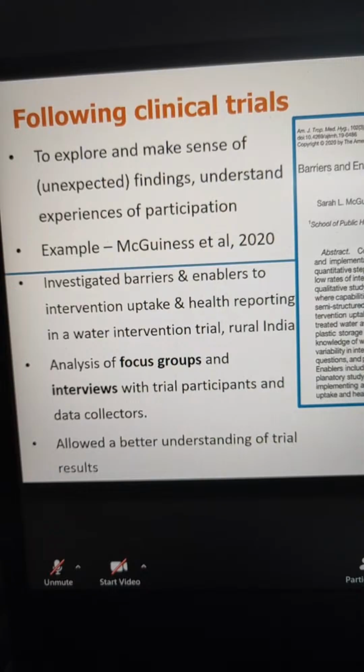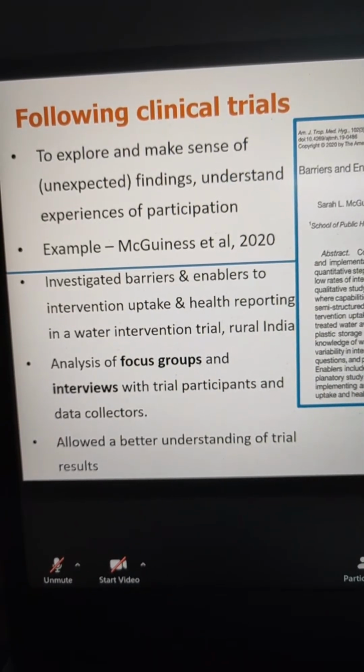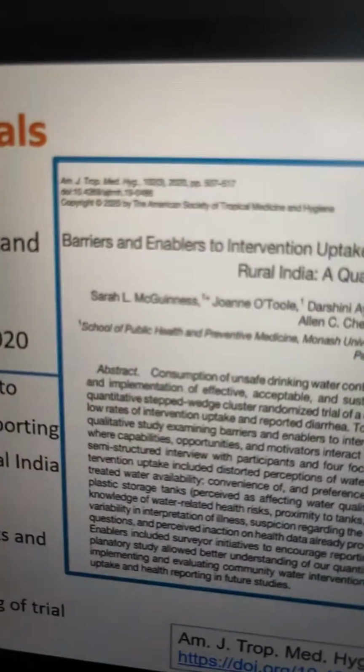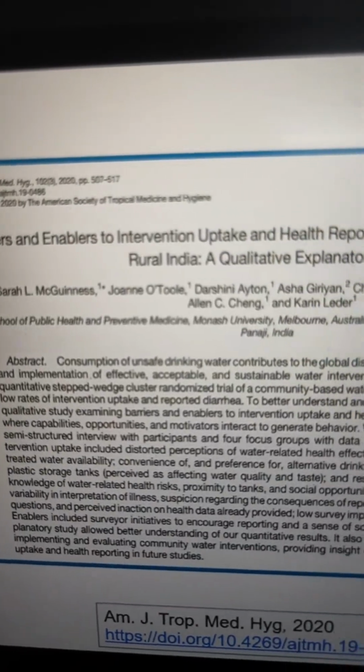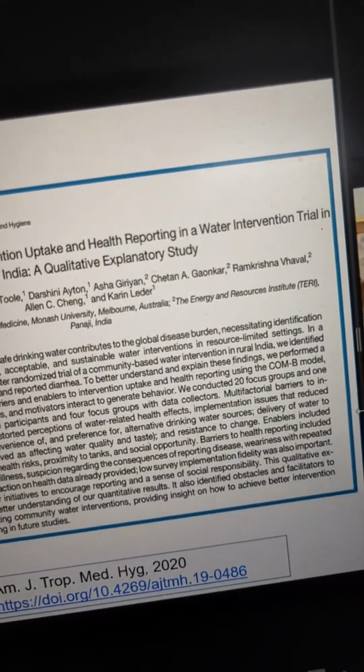At the end of the trial, we realized that the uptake of the intervention was very poor. The trial finished, so there's a lot of money obviously invested in the trial, and then they were trying to understand how this could be prevented, or what the reasons were for the poor uptake, because the intervention was aiming to provide safer, cleaner drinking water to the rural population, and it involved treated water.